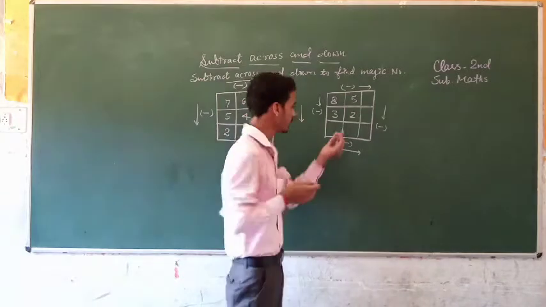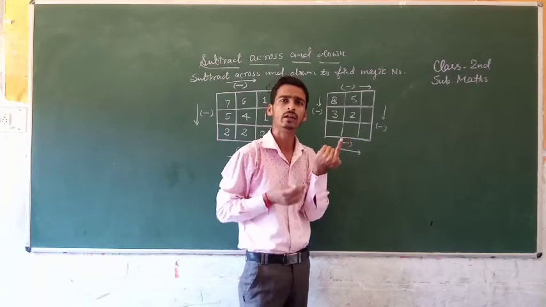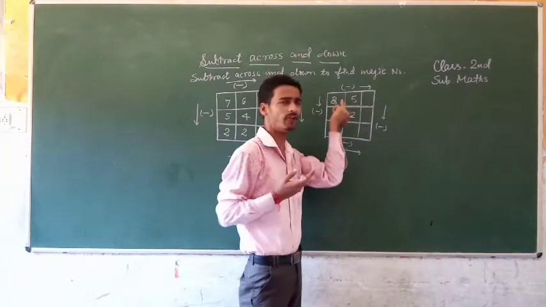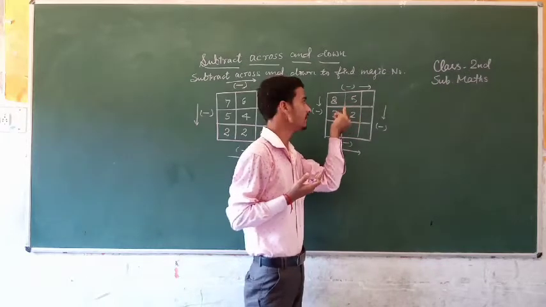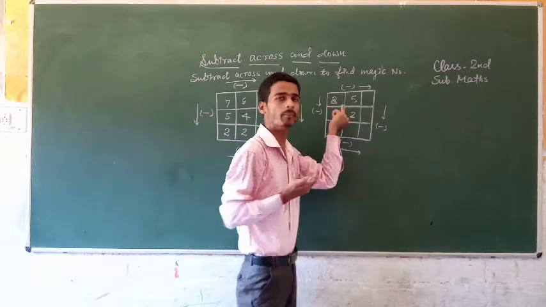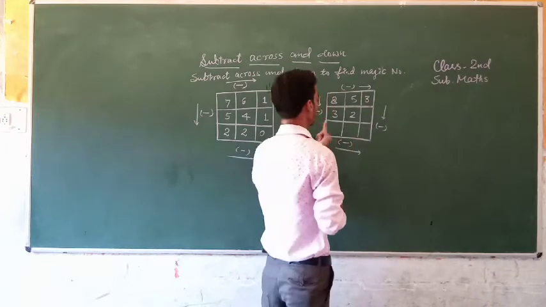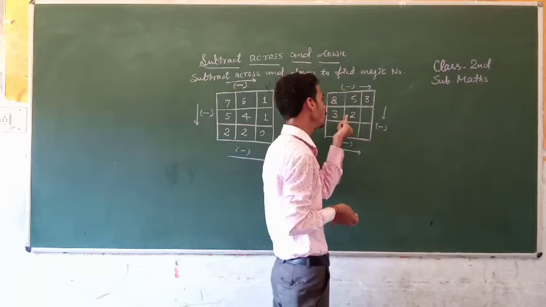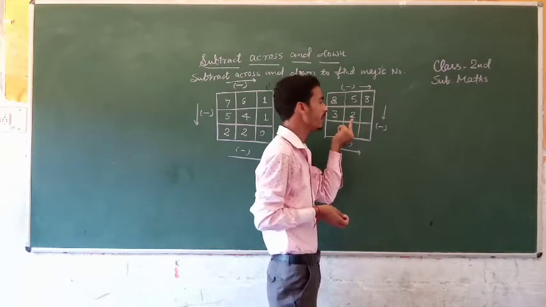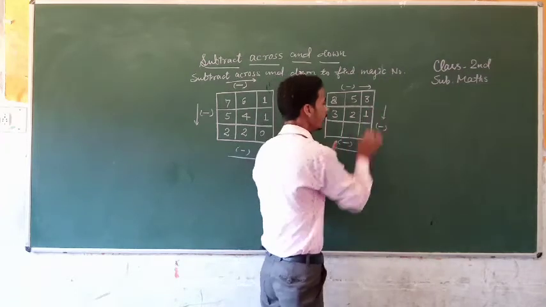We will subtract the second row from the first row because in the first row the larger number, that is 8, is there, and we can subtract 5 from it, but we can't subtract 8 from 5. So we will subtract 5 from 8. There will be 3. And when we subtract 2 from 3, because 2 is smaller than 3, there will be 1.